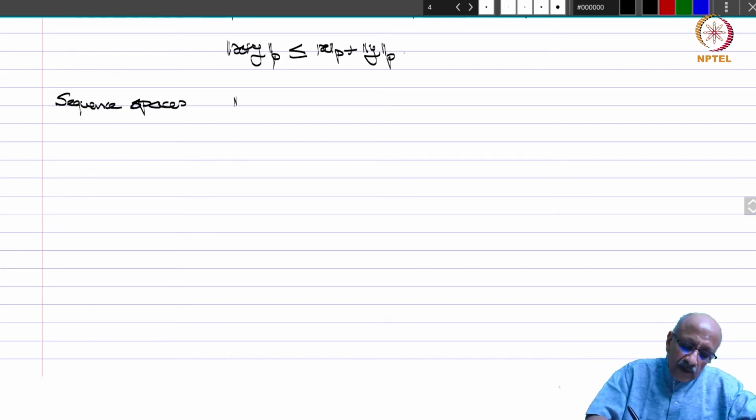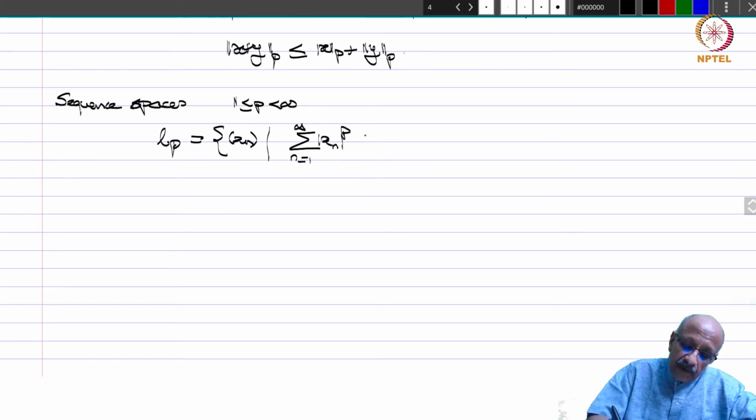So again, we look at 1 ≤ p < ∞, and we define ℓ^p to be the set of all sequences (x_n) such that the sum from n equals 1 to infinity of |x_n|^p is finite.